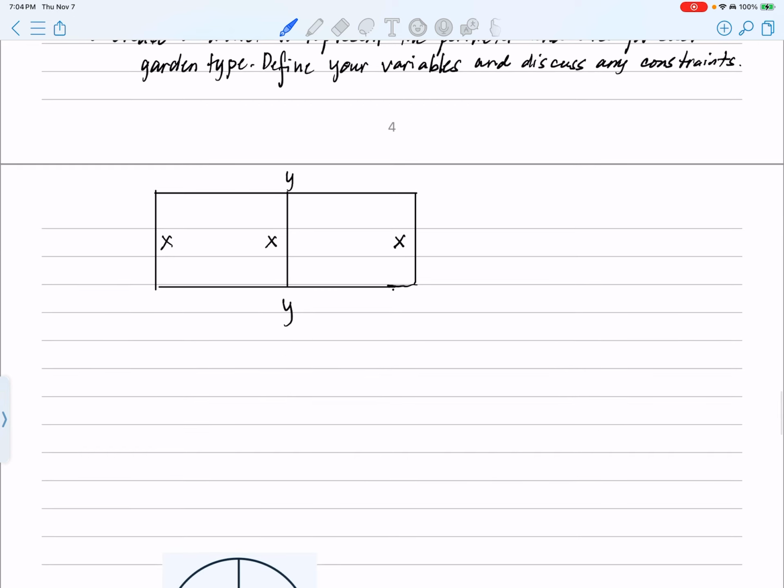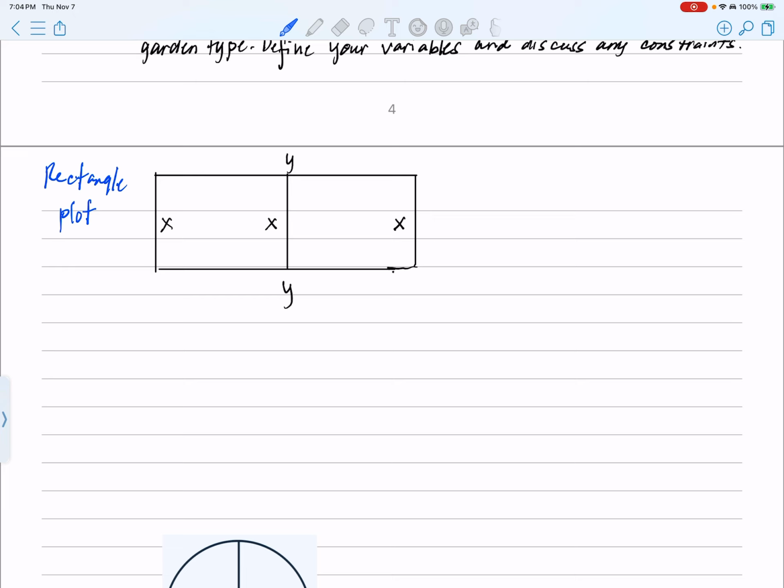So we let x represent the width of the rectangle, which is the same length as the fence in the middle.